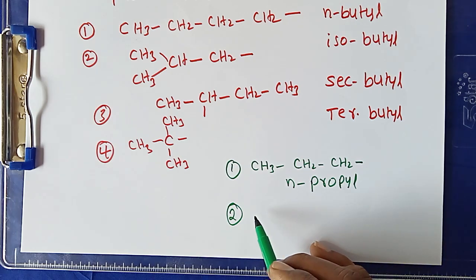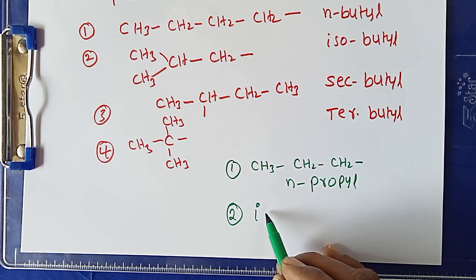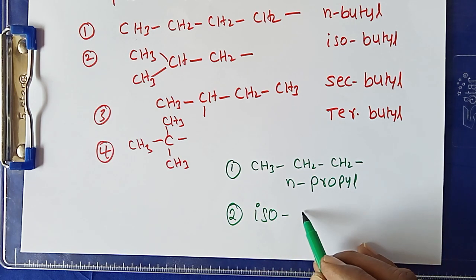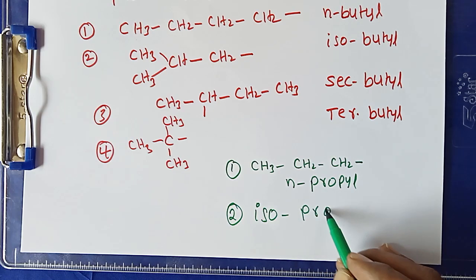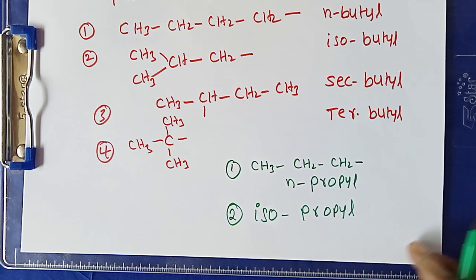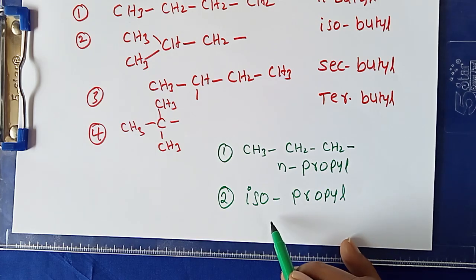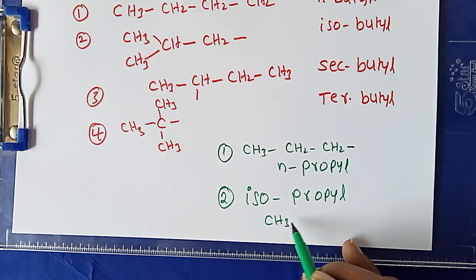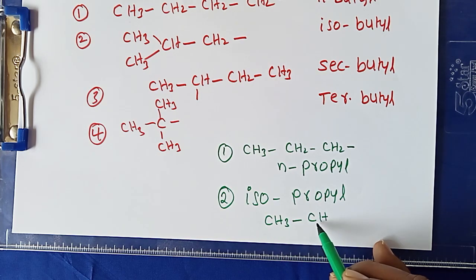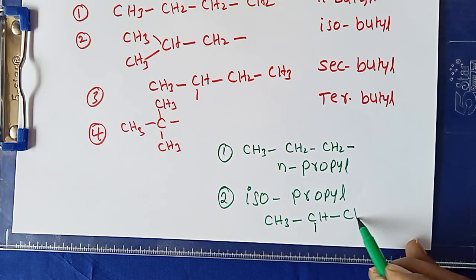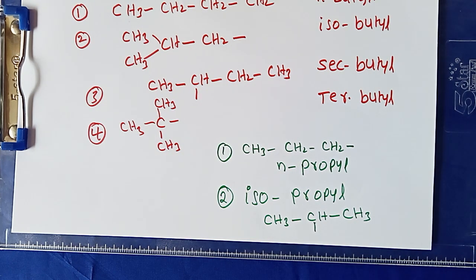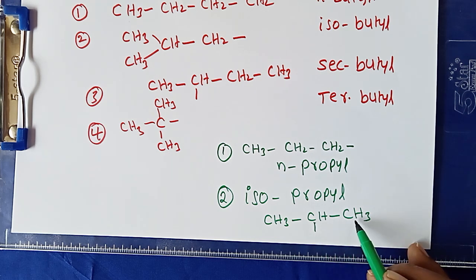Second one, isopropyl: CH3, CH double open bond, CH3.